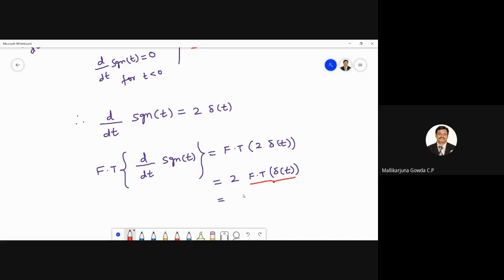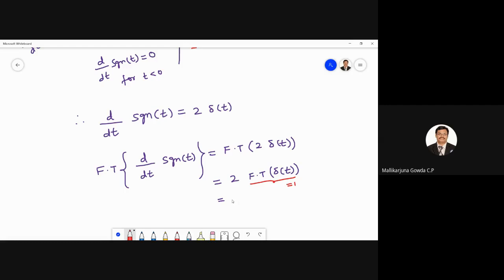Fourier transform of an impulse function. No idea? These are very basic things.